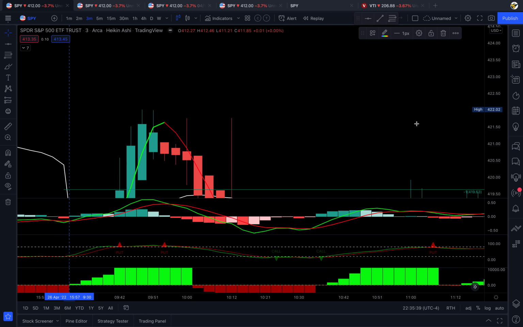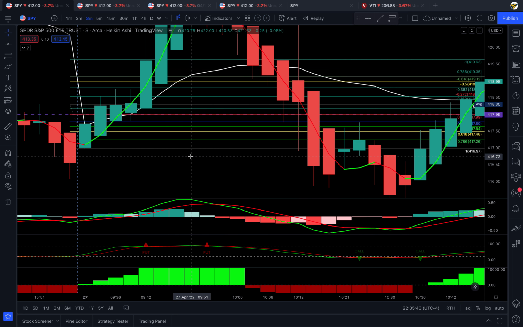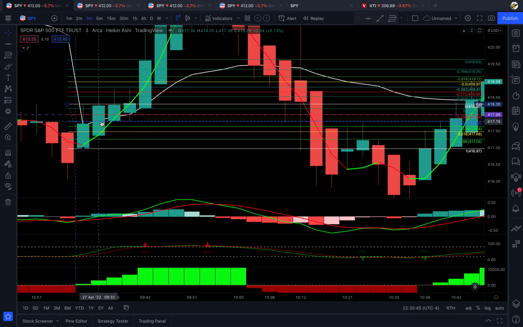Let me zoom in and show you. On that first candle, the stop loss for me would be the 786 retracement level right below it, because sometimes it will come back and touch that 786.